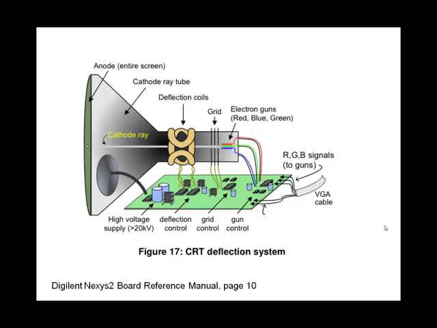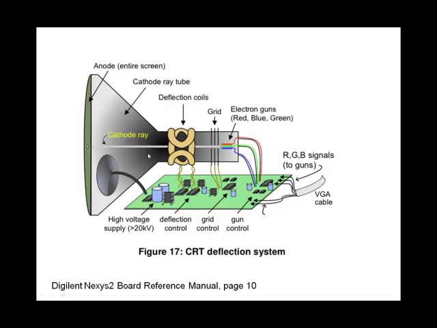You'll be creating logic to drive the RGB signals, those are the three color signals, and the timing signals, the horizontal and vertical sync. The CRT contains electronics here to steer the cathode ray. These signals steer a ray that draws a signal on the screen.